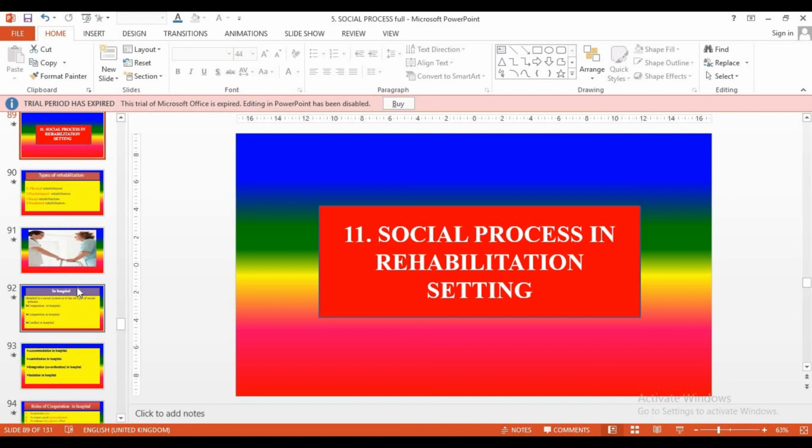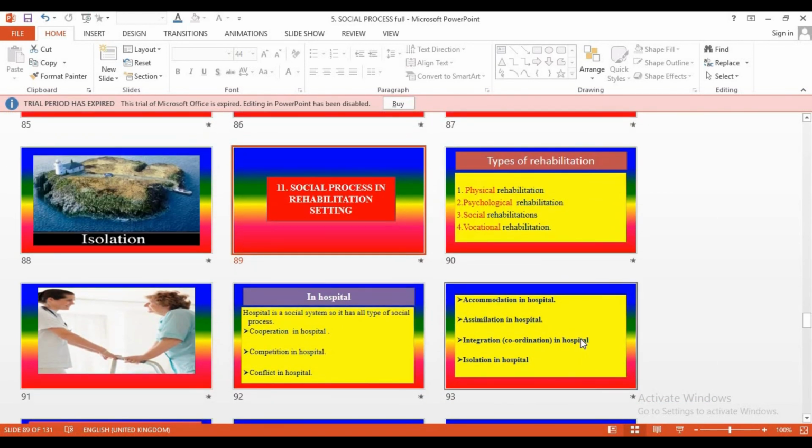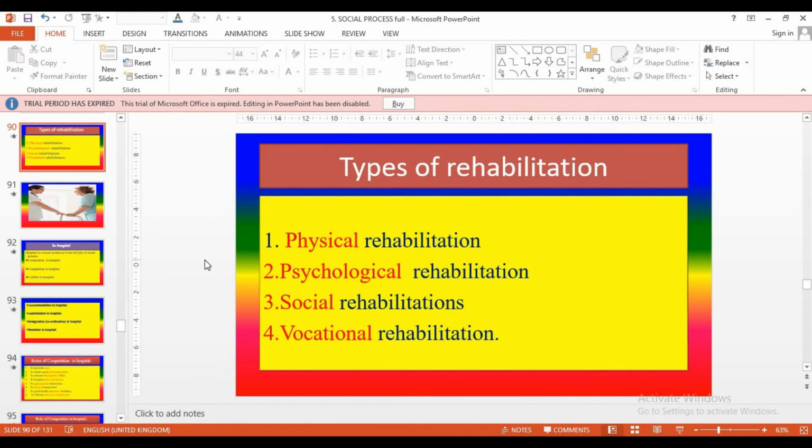Then social process in rehabilitation setting. Students, every type of social process is available in hospitals. This is a measurement: when you go to hospital, you should watch whether these processes are available or not.